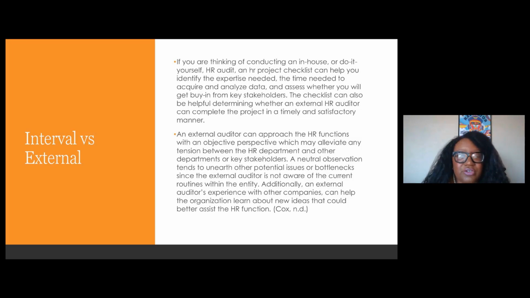Internal versus external, we're still going to talk a little bit about that. If you're thinking of conducting an HR audit in-house, doing it yourself, an HR audit or an HR project checklist can help you identify the expertise needed. As I mentioned before, you don't have to be an expert. Just get a team together to create that checklist so that you can go through it and make sure there aren't any gaps. You may even just hire someone to do the checklist for you if you're unsure or unclear about it.